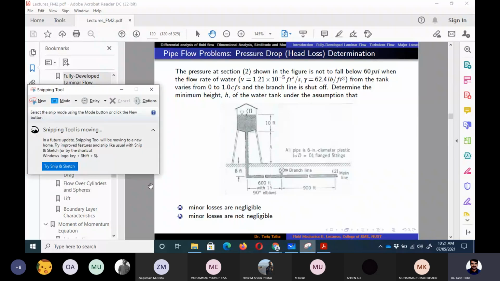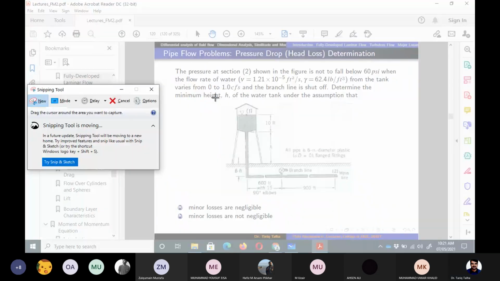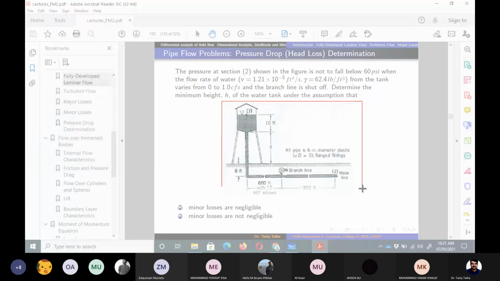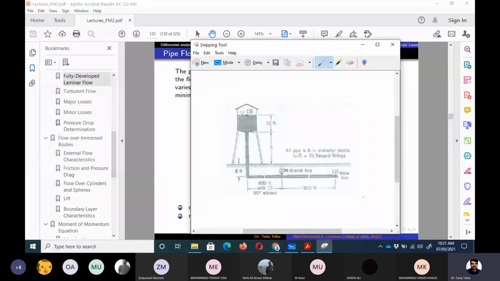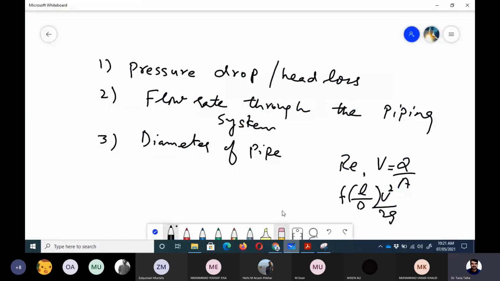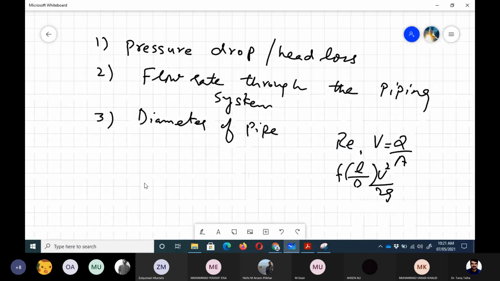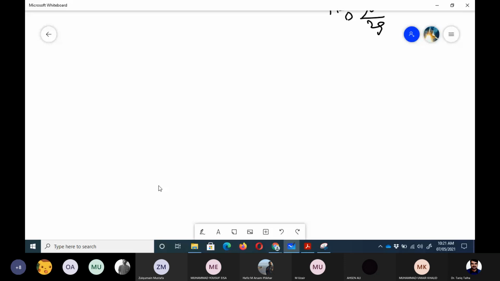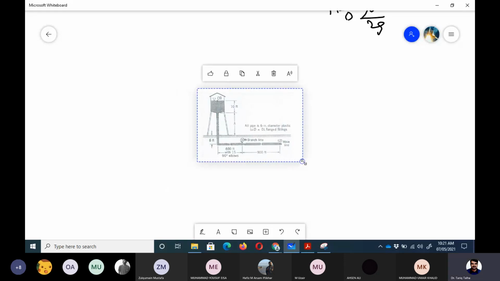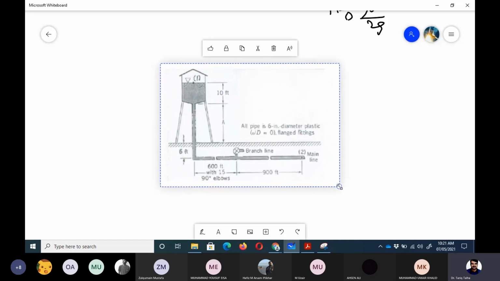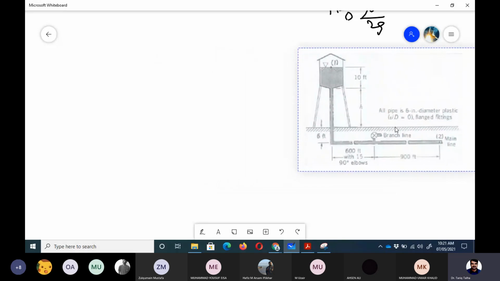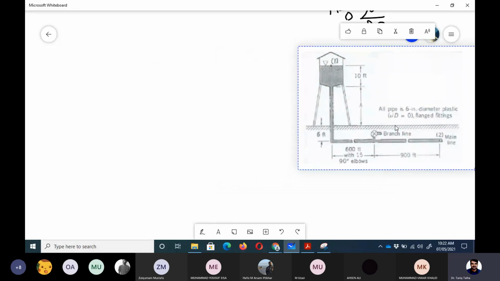So let me do that. So this is a problem schematic.